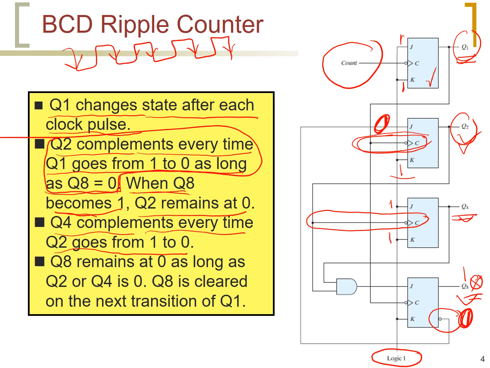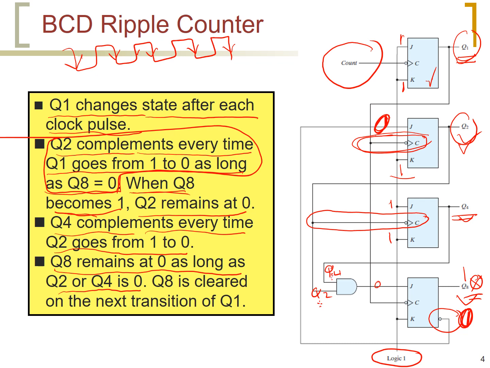That's easy. Finally, the rule for Q8: we see the Q8 remains at 0 as long as Q2 or Q4 is 0. Therefore, we connect Q4 and Q2 to an AND gate. So when either is 0, this will be 0, and when both are ones, this will be 1.